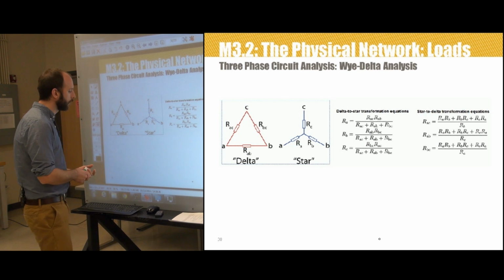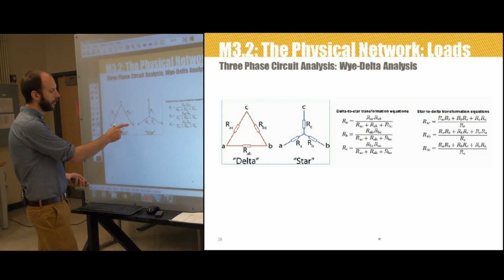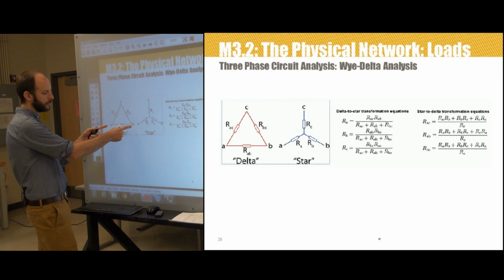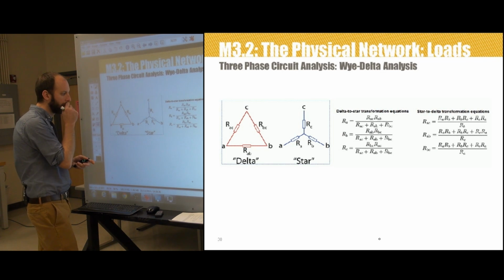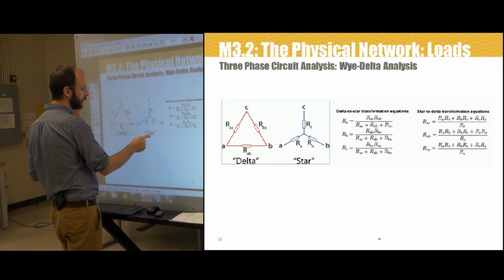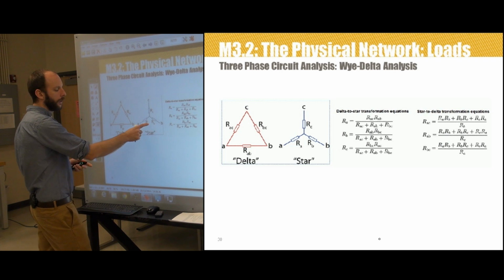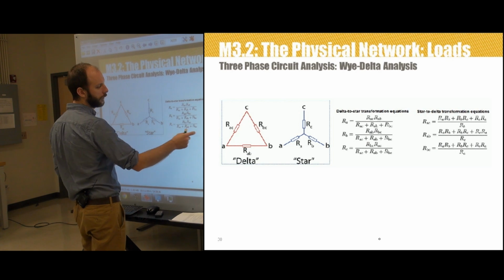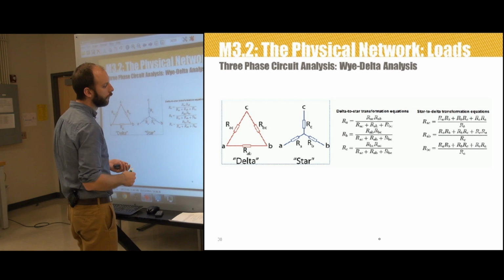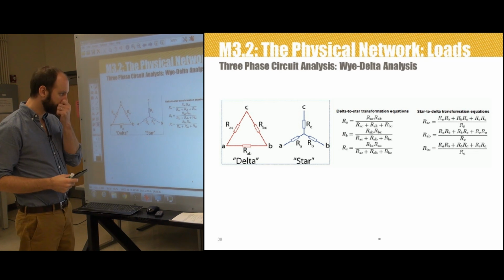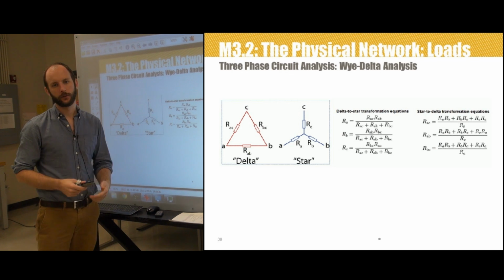So here we've represented a load, RAC, RBC, RAB, the phase loads, and RA, RB, and RC for the Y or the star. And I've provided you with some formulas for the conversion for unbalanced systems.